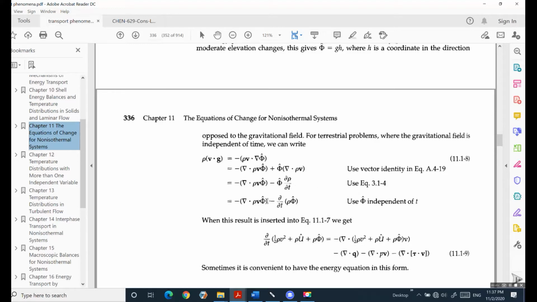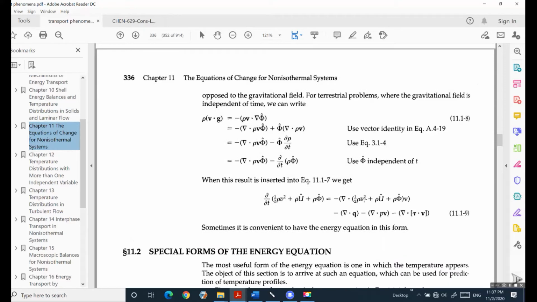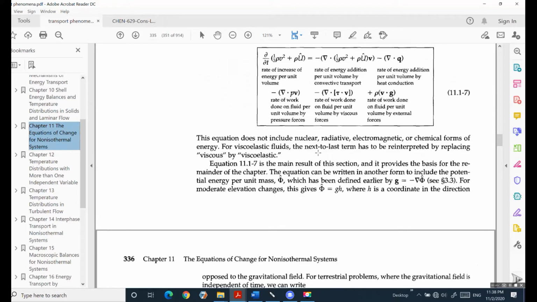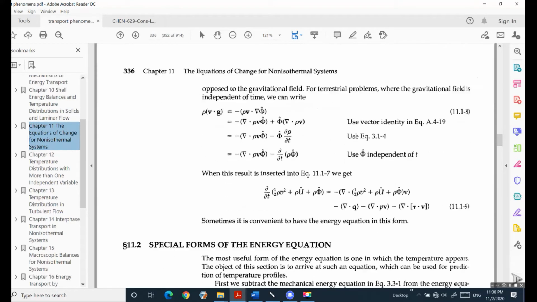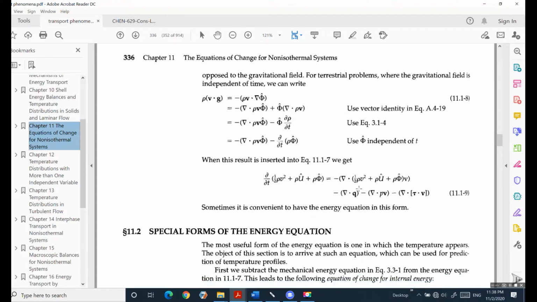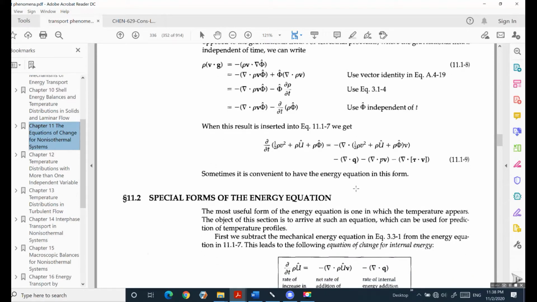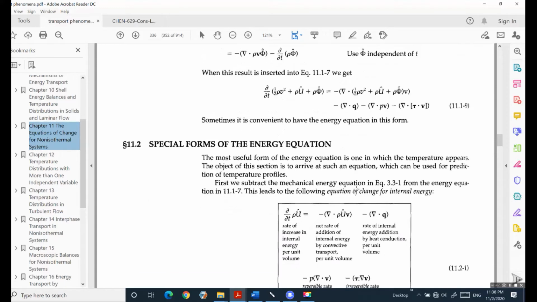We can take this side to put here in the left side. We can put this in here in the convective term, and we can write this total energy equation in another form. So we can represent the energy equation and mass transfer equations by various forms.